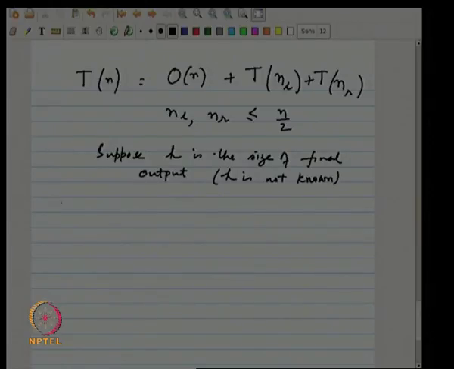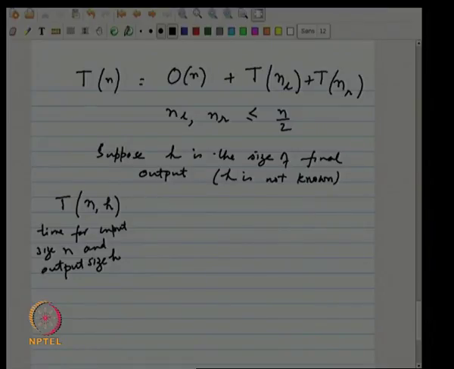But if the running time is a function of both input and output, I should make my recurrence a little more complicated. So the time for input size n and output size H: the order n term remains order n.